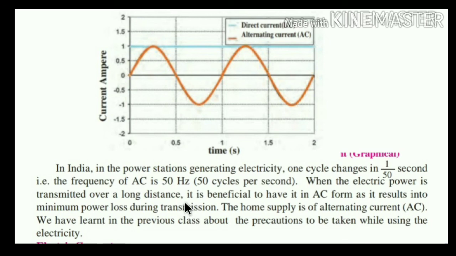This is the advantage of using AC current. AC current is transmitted over long distances without much loss of energy. So the home supply is alternate current because of that.